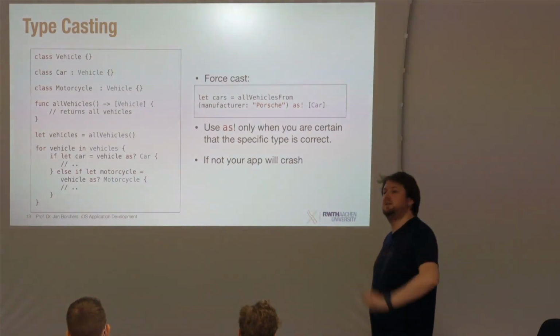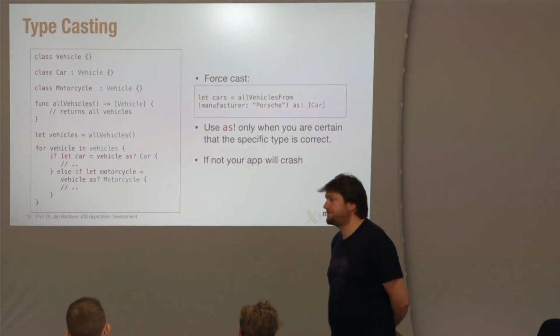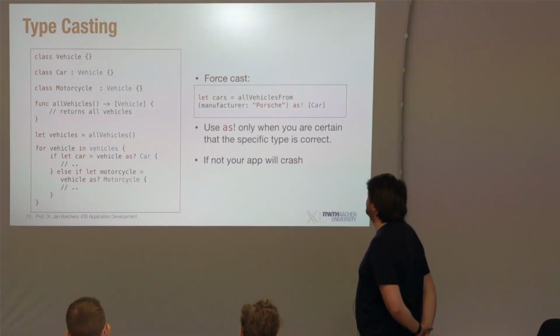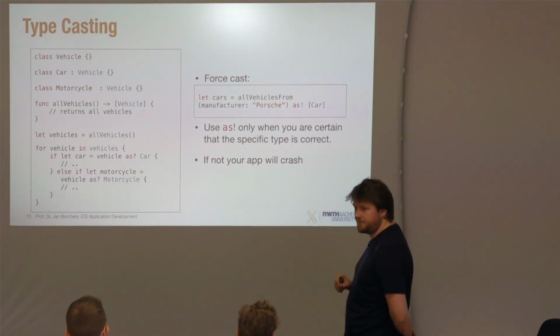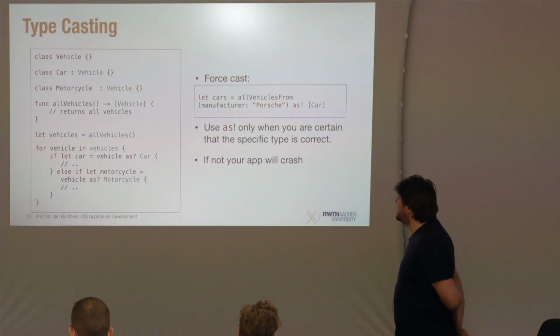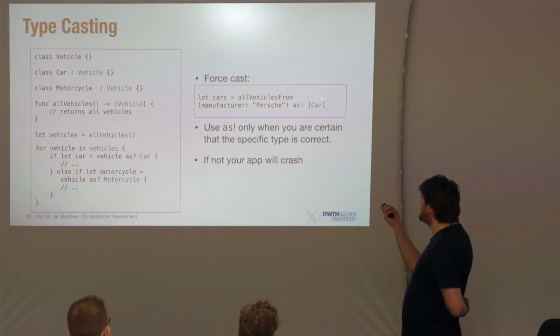Yes. At the point of casting, or if I try to access the property that doesn't exist on it, I think it will crash at this point. It will crash as soon as you try to cast something that is not, trying here to cast it as an array of cars.